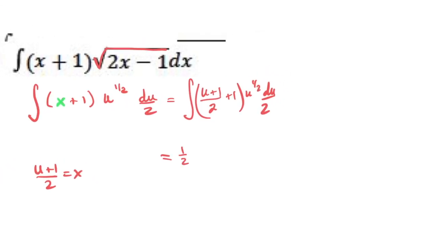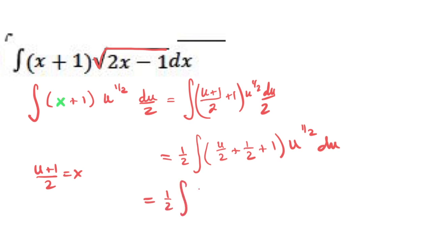We have 1/2 the integral u over 2 plus 1/2 plus 1 multiplied by u to the 1/2 power du. To use your distributive property, we have 1/2 the antiderivative u to the 3/2 over 2 plus 1/2 u to the 1/2.